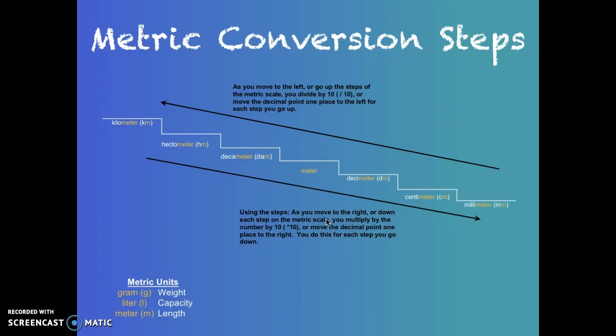Okay, let's try one more. We're going to convert 15 meters down to millimeters. These are very small, so it's going to take a lot of these. We're going to be going 1, 2, 3 jumps to the right. So notice our decimal is moving 1, 2, 3 jumps to the right.